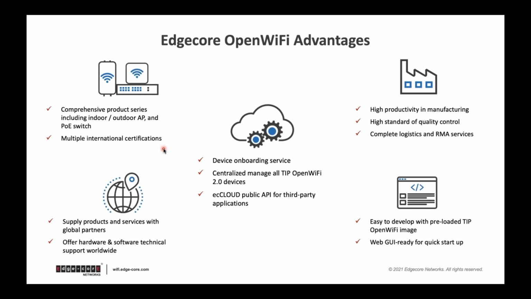And we also provide different wireless certificates for different regulations. For the support part, we provide technical support for hardware and software all over the world. For the manufacturing part, we have a high level of quality control and high productivity. And we also provide complete RMA and logistics services.